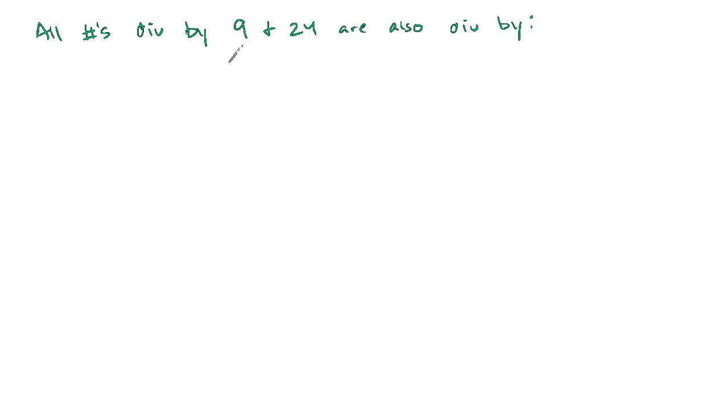You take the prime factorization of 9, it's 3 times 3, and we're done. Prime factorization of 24 is 2 times 12. 12 is 2 times 6. 6 is 2 times 3. So anything that's divisible by 9 has to have a 3 times 3 in its prime factorization.